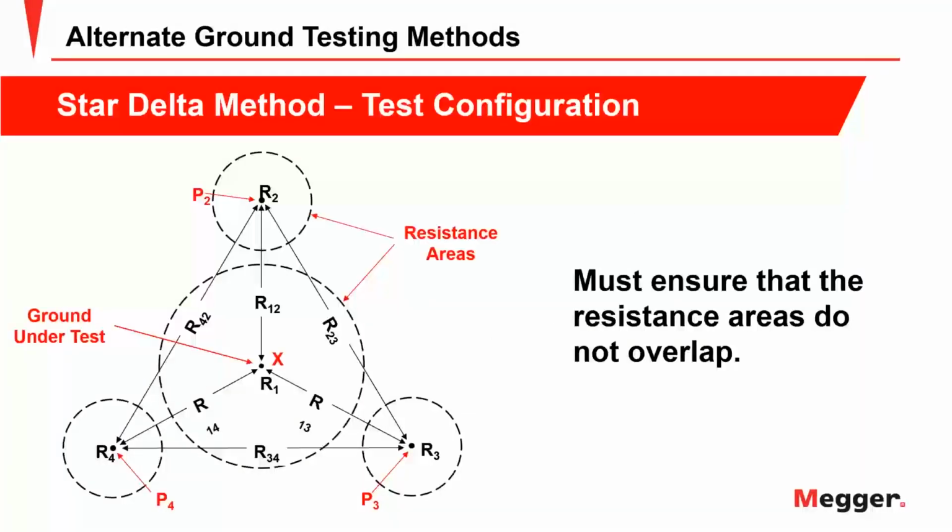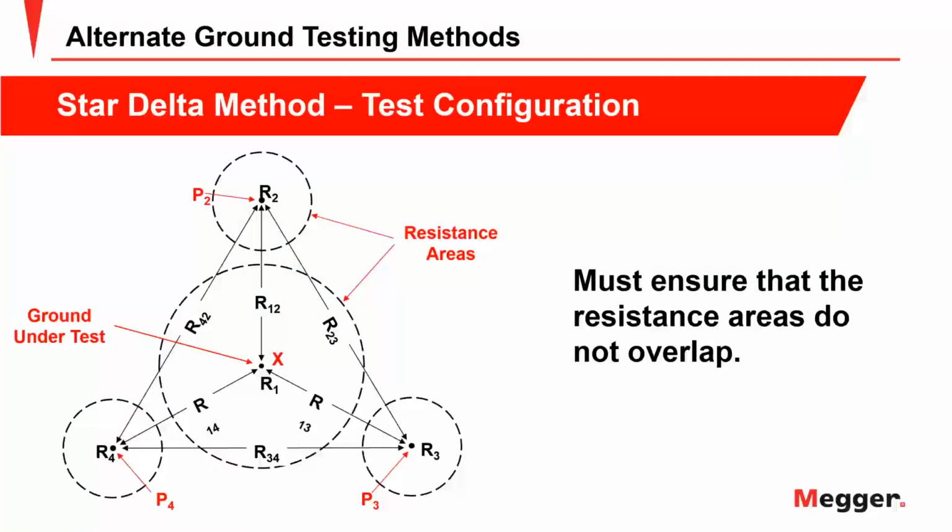So this is your test setup. And this is why they call it star delta, because of the appearance of the test configuration. And so note that we tell you that you do want to have your probes out of the electrical resistance area of your test ground.